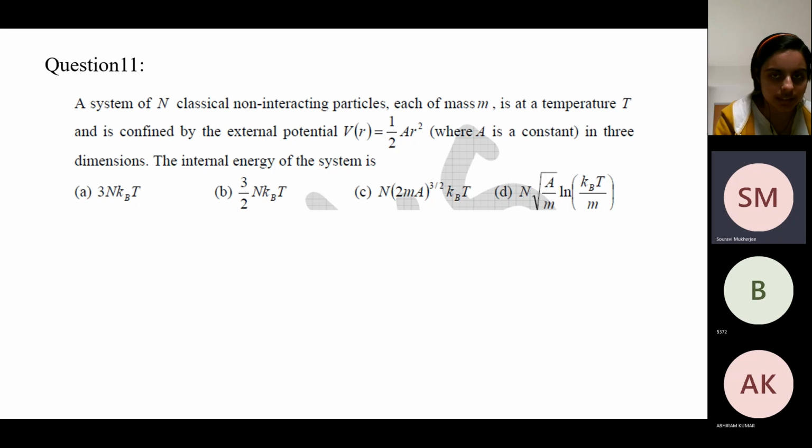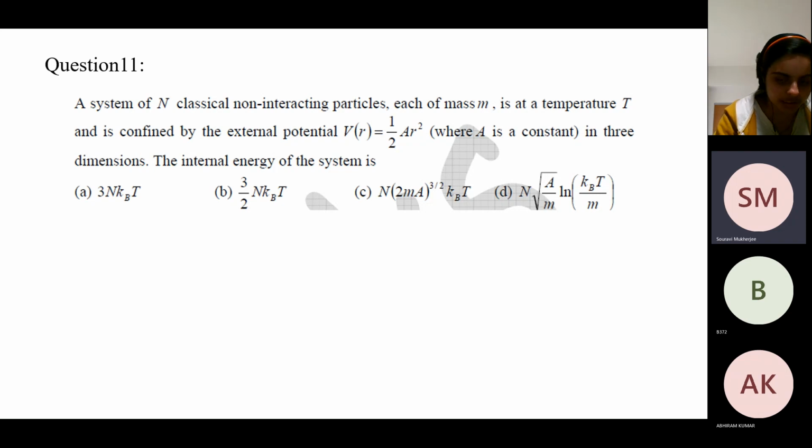So it's important to look at the question and be careful about what it is asking. That means obviously the answer is A. And how do you get that? You can directly get it from the equipartition law, right? There is half kT for each degree of freedom. So for each particle, along x, there is potential energy and there is kinetic energy.